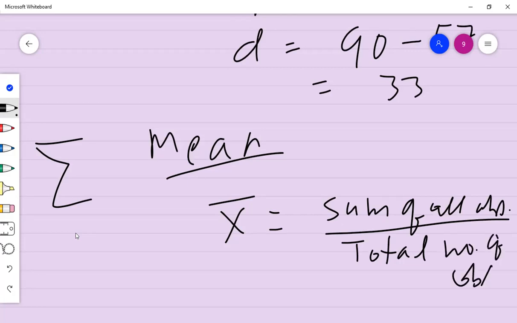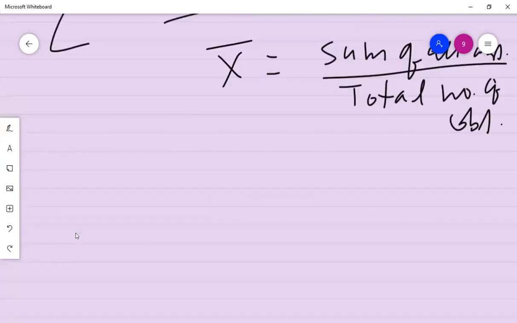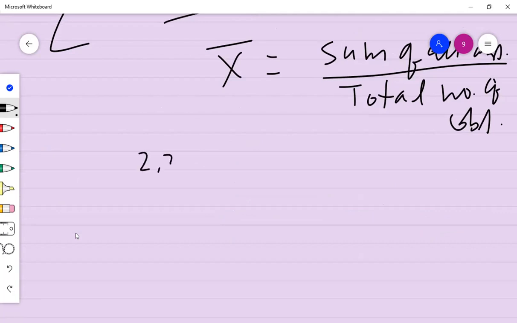Suppose we have certain data like 2, 3, 5, 1, 3, 2, 4, 3, 1, 2, 5, 6, 5, 2.